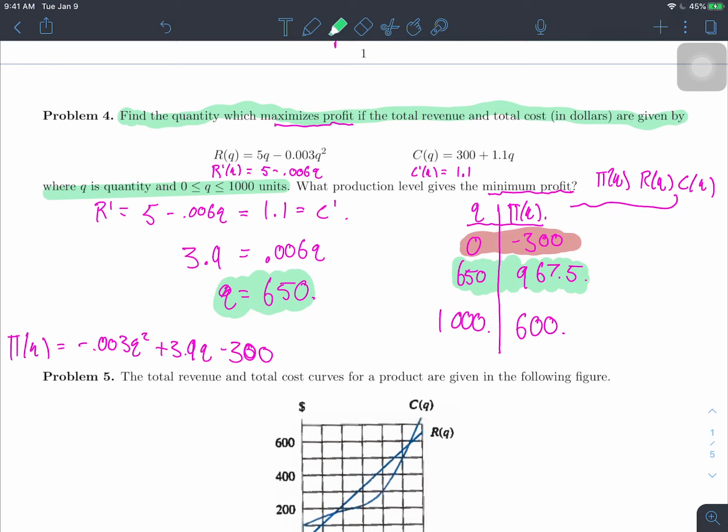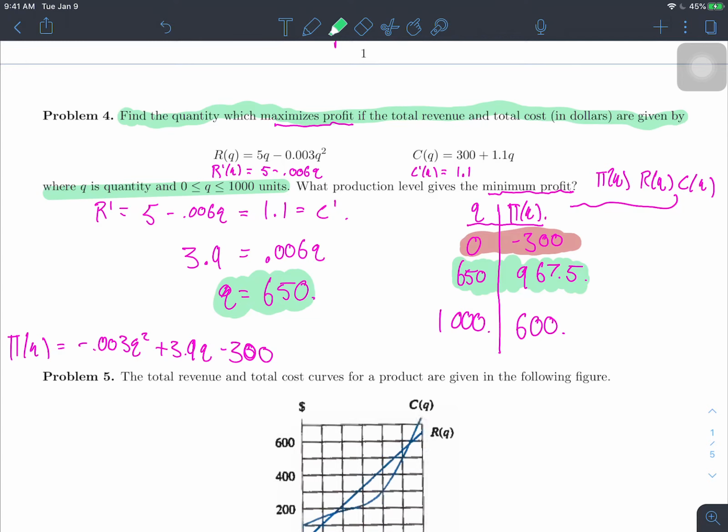Okay, so again, this was a global minimum and global maximum problem. When we do a global min and max problem, we're talking about maximizing a function on an interval. The places we need to check are all of the critical points of our function, which happen either when f prime doesn't exist or when f prime is equal to 0. We didn't find any places where f prime didn't exist because our function was a polynomial.